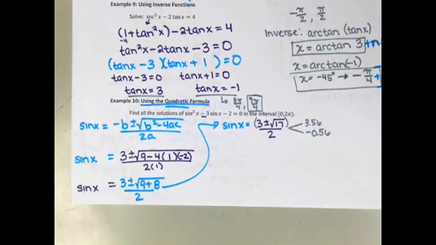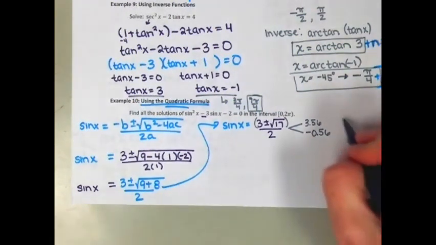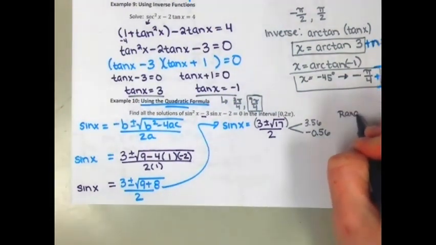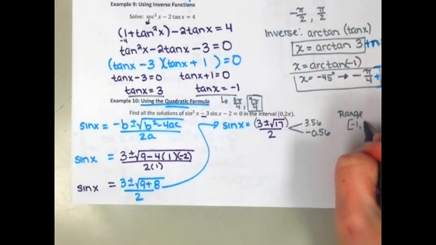Think of your sine curve. What is my amplitude? What is the range of a regular sine curve? What is my max and my min? It'd be 1, right? So we know my range is between -1 and 1, right?